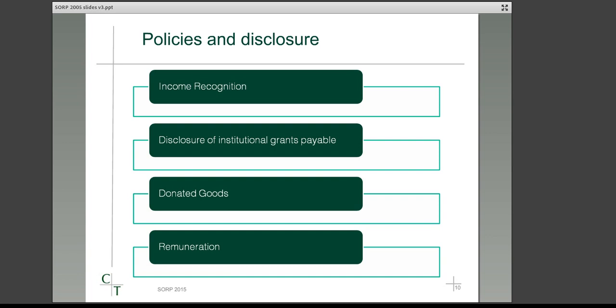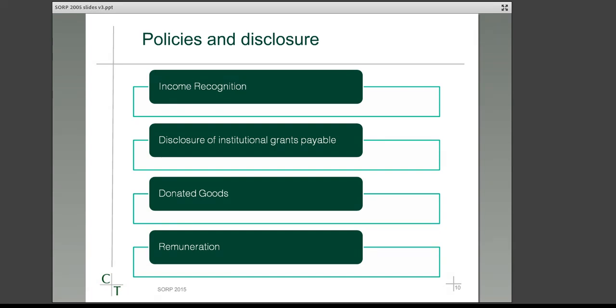There is also in the new SORPs further guidance on time-related conditions and performance-related conditions in terms of when you recognise certain types of income, and that can be helpful guidance, particularly when you're deciding whether to recognise grants in full in the year you receive them, or whether you think some should be deferred into the following period. And finally, on income, there is more guidance on accounting for legacy income, which can be quite a tricky area for charities to deal with.